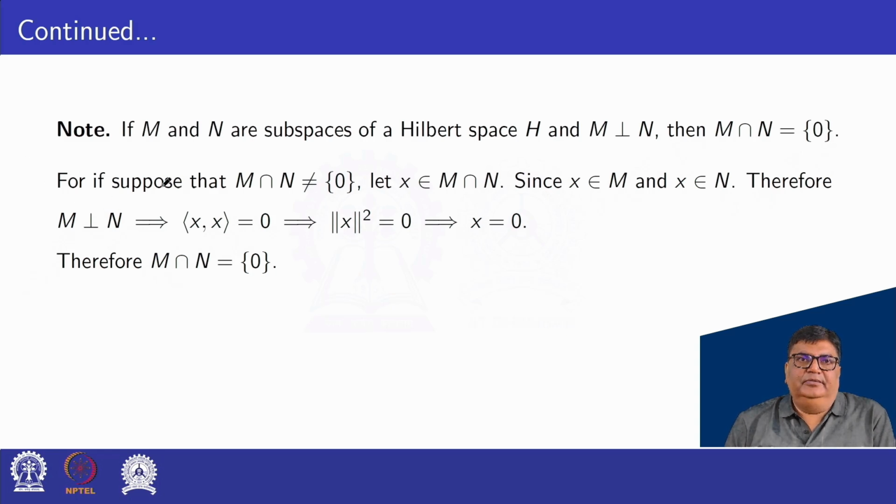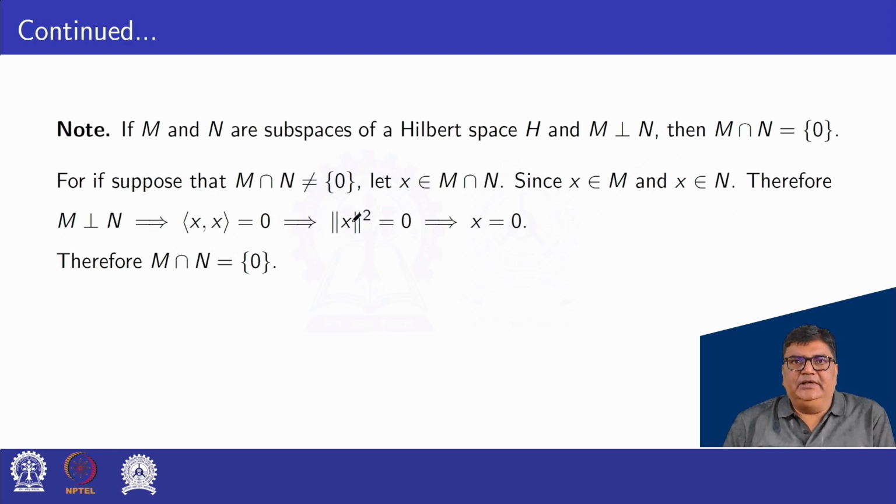For suppose that M intersection N is not equal to {0}, and let x belong to M intersection N. Since x is an element of M and x is an element of N, and M is perpendicular to N, this gives the inner product of x with x equal to 0.